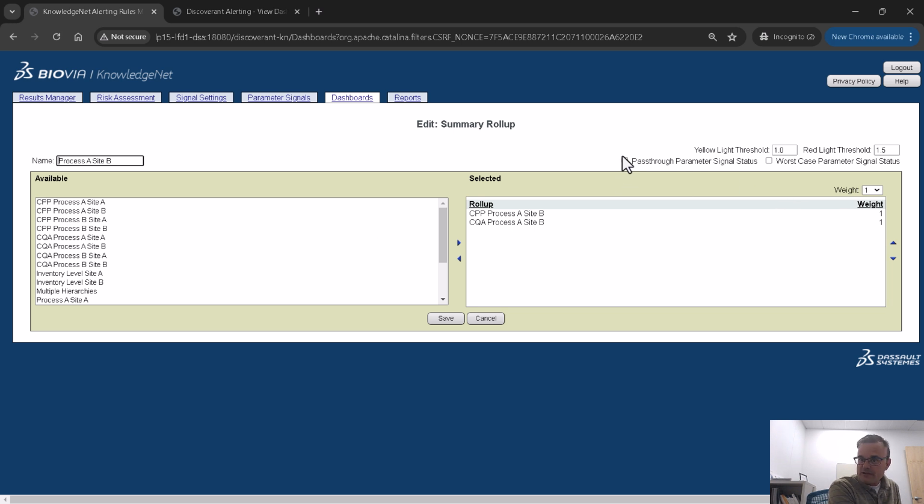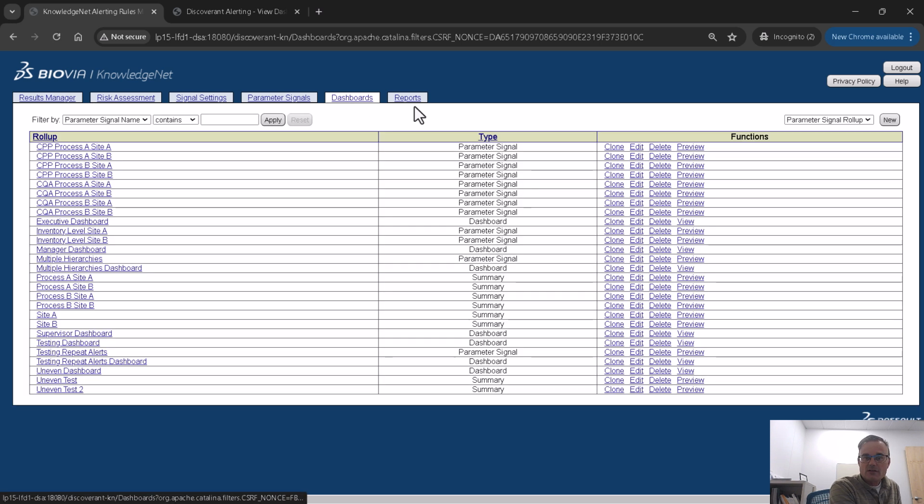So that's what these pass-through values are used for. They don't look at the threshold values. It's anything that is red in this or yellow in this passes all the way up to the top. So it's not used in that calculation.